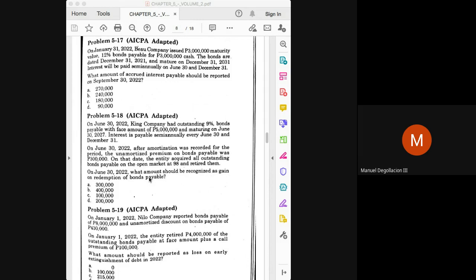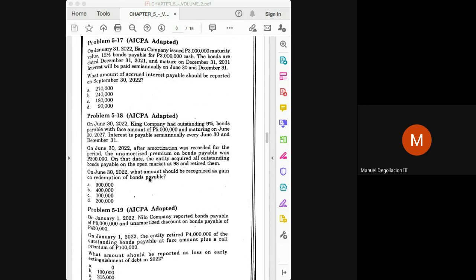Okay, but we do not have that challenge here because we were already given the remaining premium as of the redemption date. But again, you only need two things to determine your gain or loss: the carrying amount of the bond and the redemption price.